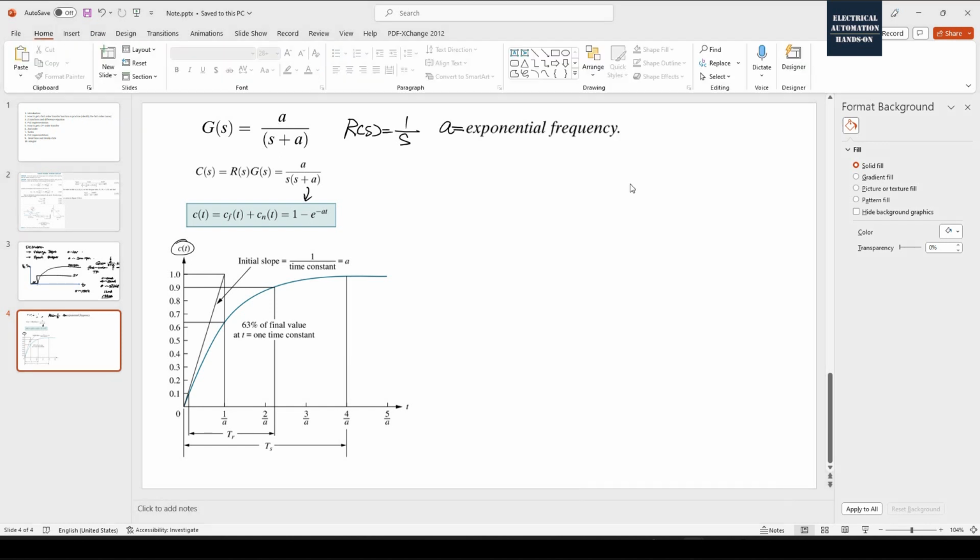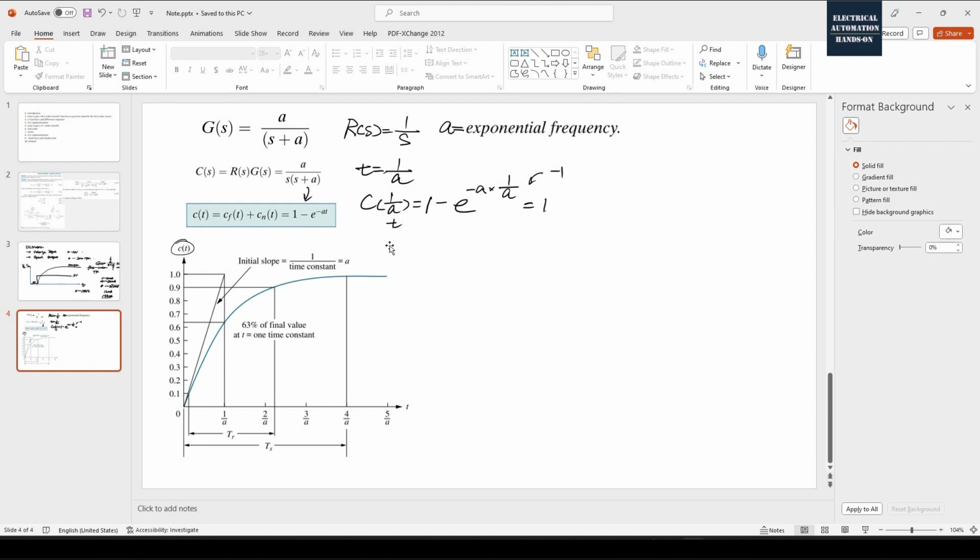The parameter a here is named the exponential frequency, okay? Let's do a little bit of analysis for this time domain equation. When t is equal to 1 over a, let's think about the equation. Then c equals 1 minus e to the power of a multiplied by 1 over a, so the exponent becomes minus 1, right?